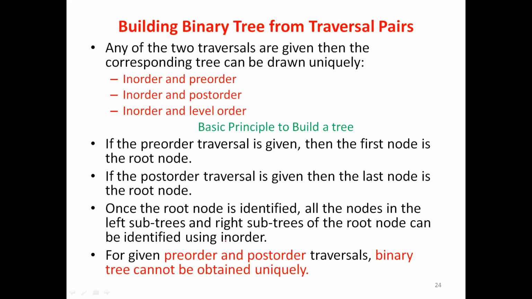If, for example, we are given only pre-order and post-order as the traversal pair, I cannot find the tree properly. So I should have pre-order or post-order in my traversal pair along with the in-order traversal.